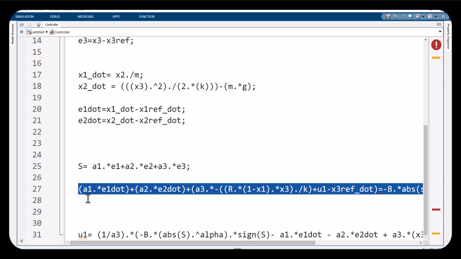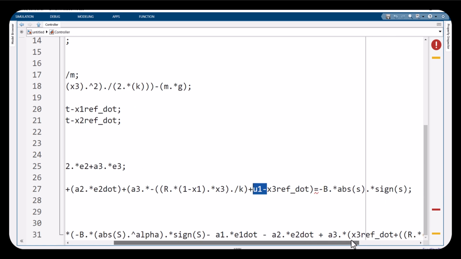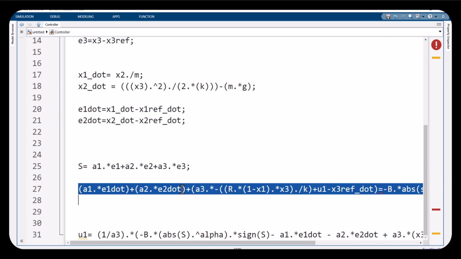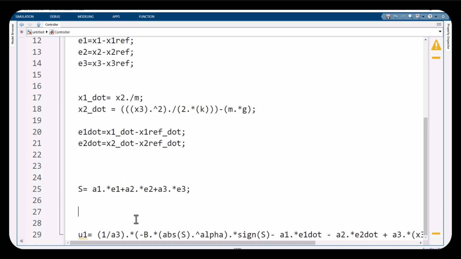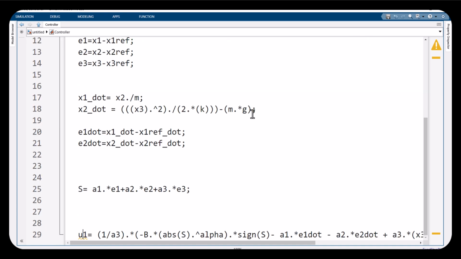We understand the concept that we have to make this u1 the subject, so let's delete the rest. This u1 is the final control law that we must send to the plant.